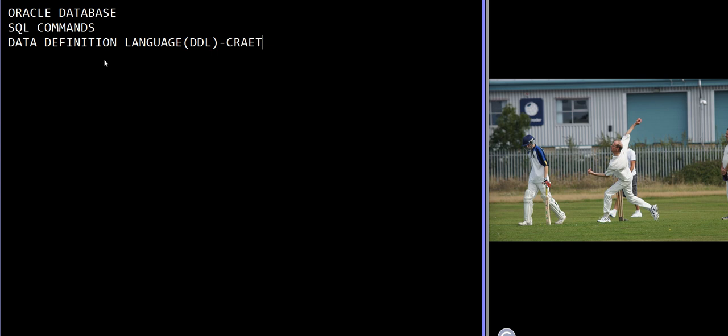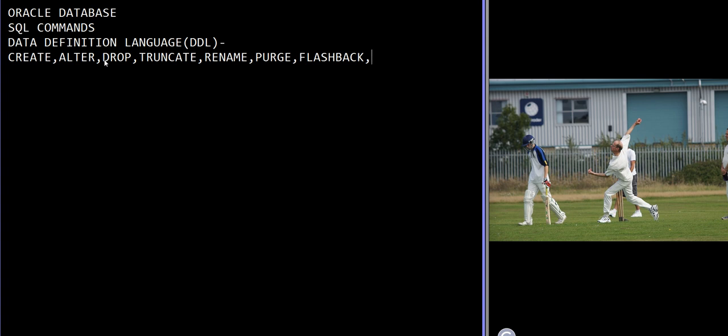In that, at first we have create, alter, drop, truncate, rename, purge, flashback. We have these 7 DDL commands with us.